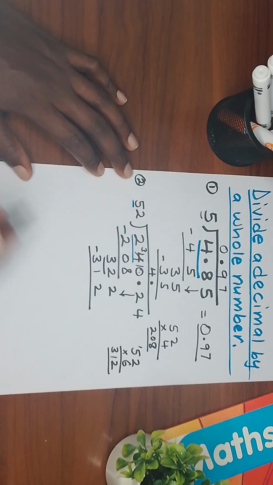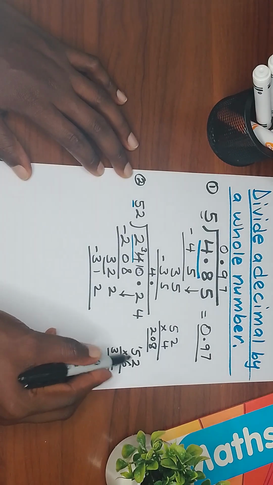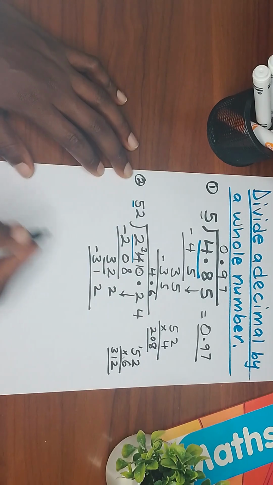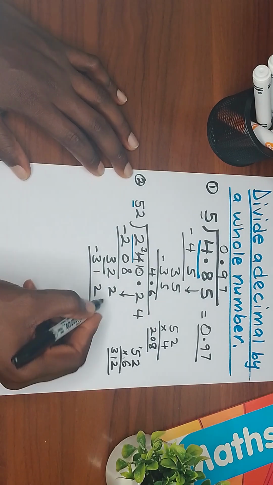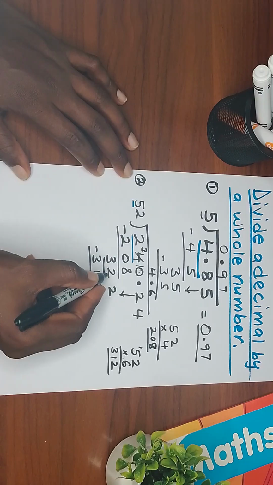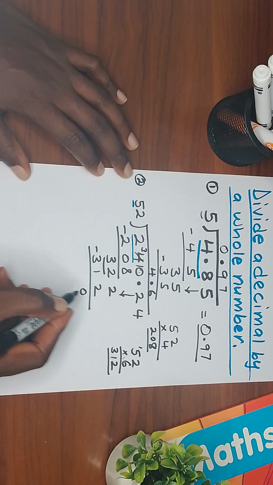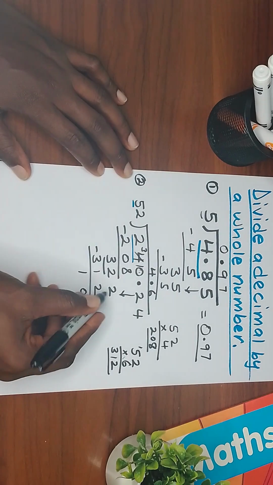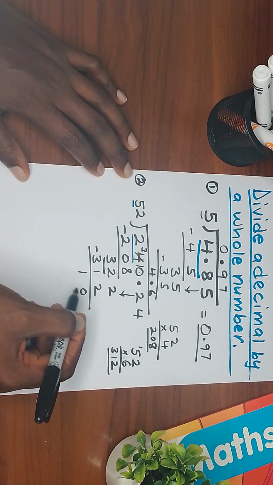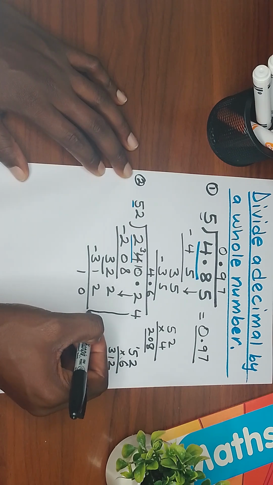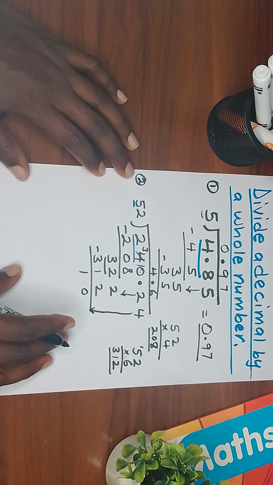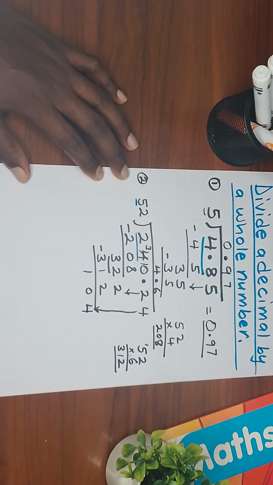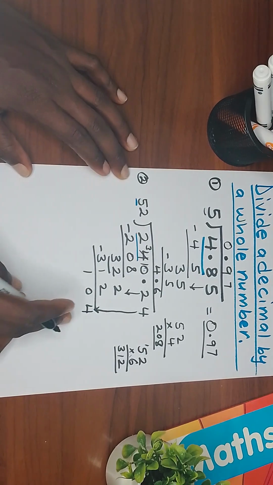Then we subtract. But before you subtract, take your answer, 6, on top. Then we subtract. 2 minus 2 is 0. 2 minus 1 is 1. Some students make a mistake of not putting this 0 here, yet there is another number to bring down. So whenever there is another number to bring down, make sure that you write that 0. It is important. Now we have 104.